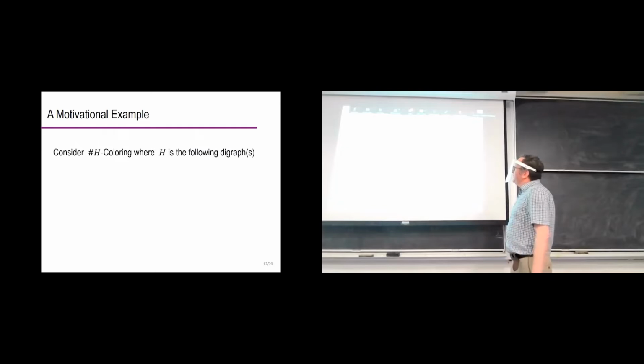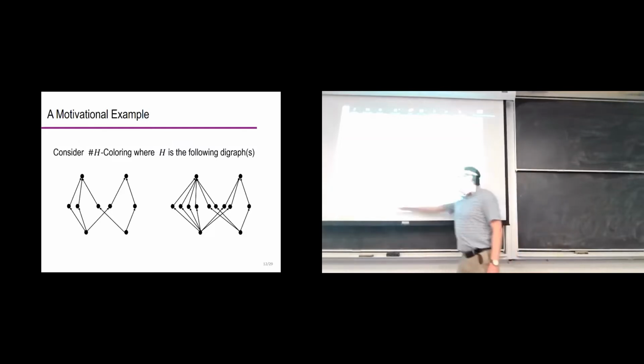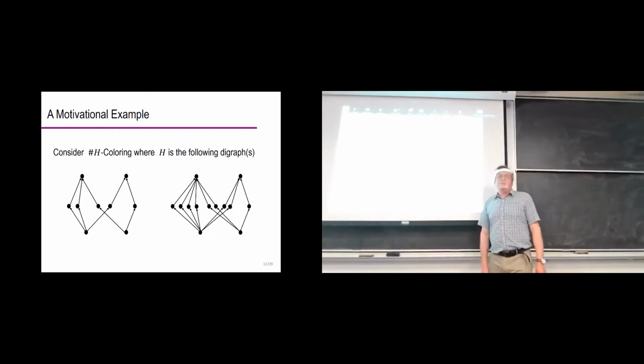So let's look at a couple of diagrams like this. Okay, so I'm going to look at the counting H coloring problem for here and for here. And as you may guess, one of them is going to be easy, the other one is going to be hard. So any bets which one is easy, which one is hard?